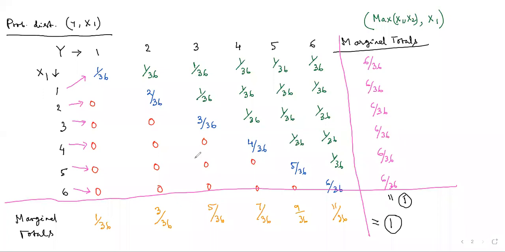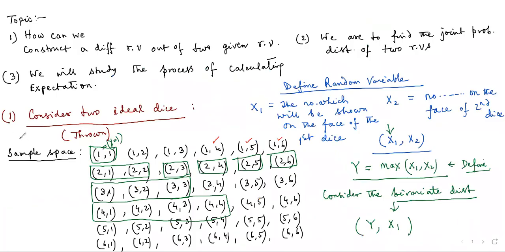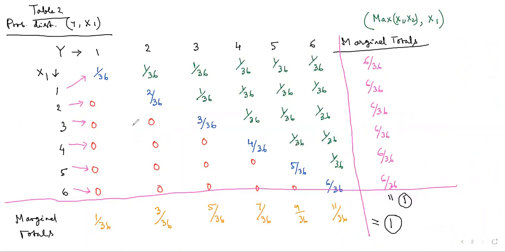Now I'm going to calculate a few things related to this particular table. So this is my table 1, or you can consider this to be your table 2 and this to be your table 1. So my table 1 job is done. I'm coming to the section which is table 2, and for this table I'm going to calculate a few things.